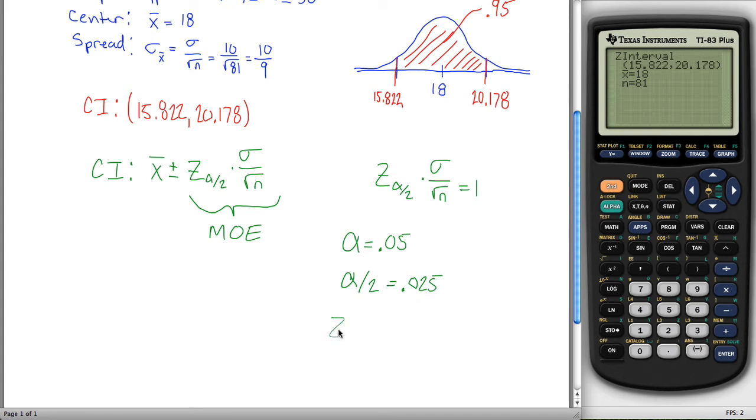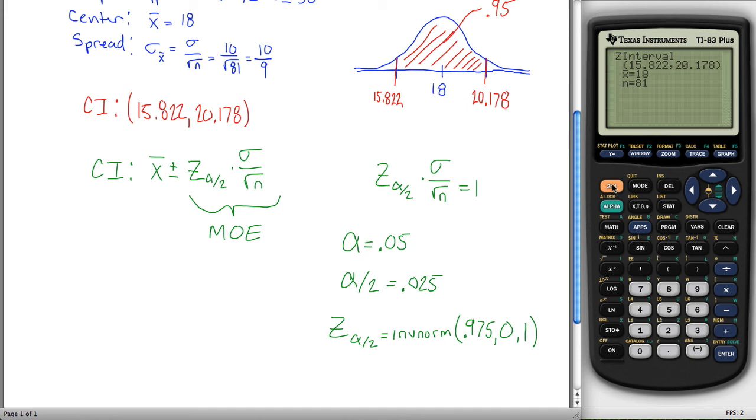And I can find z sub alpha over 2 by using the inverse norm function on my calculator, because the inverse norm function tells you what value has a certain area below it. If I have 0.025 above this point, I can tell my calculator that I have 0.975 below this point. And since I want a z value, my mean will be 0 and my standard deviation will be 1.